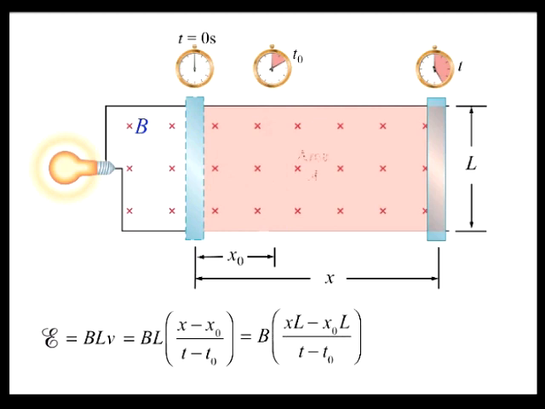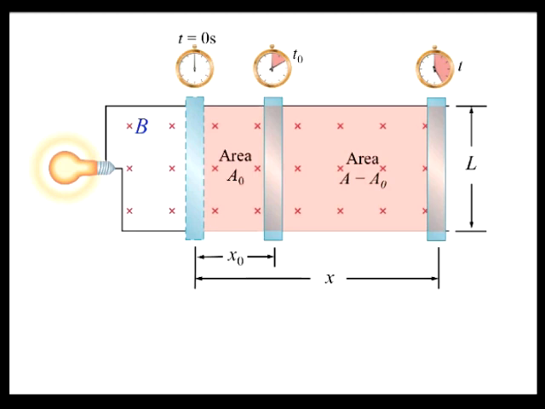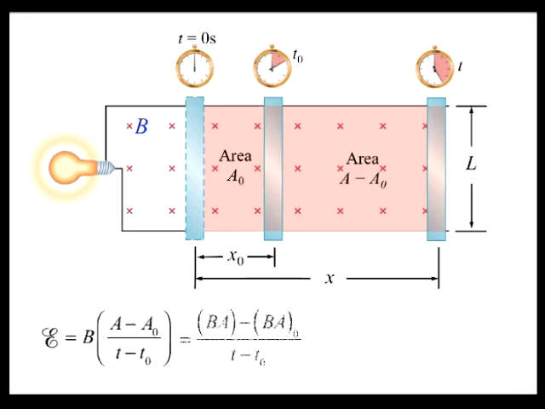The term x0L is the area A0, and xL is the area A, so this equals B times (A minus A0) divided by (t minus t0). We can rearrange this so that the EMF equals (BA minus BA0) divided by (t minus t0).